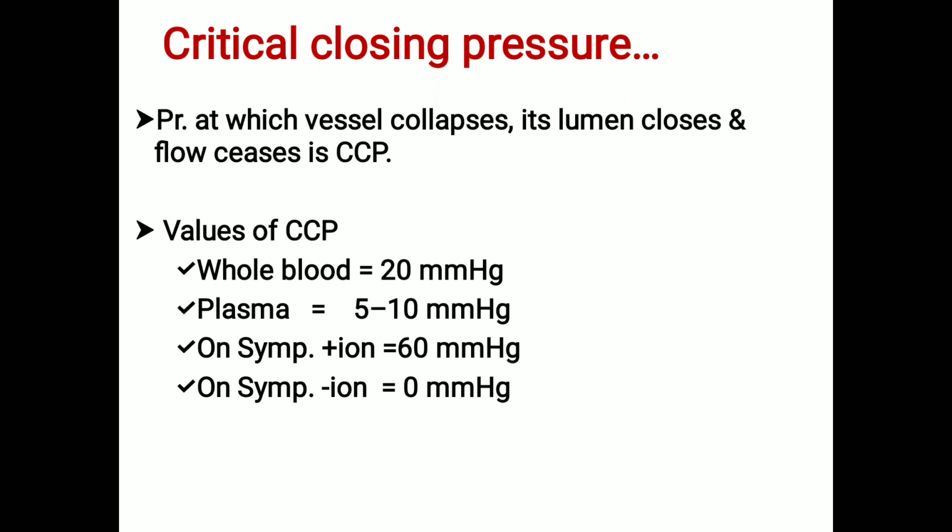The two important factors that generally alter are the radius and the viscosity. So the resistance is inversely proportional to the fourth power of radius, whereas it is directly proportional to the viscosity. So resistance is directly proportional to the fluid viscosity, or what we call vascular hindrance.